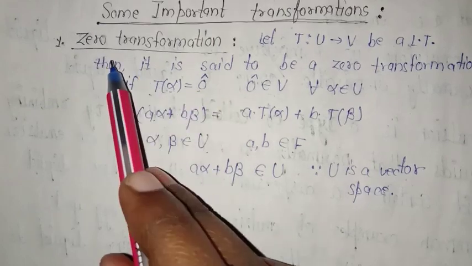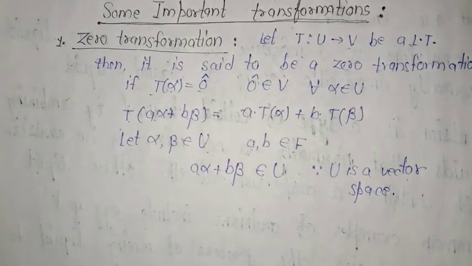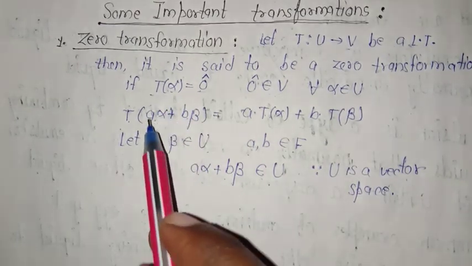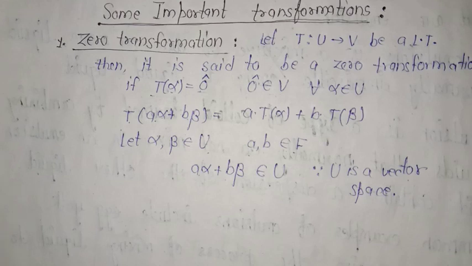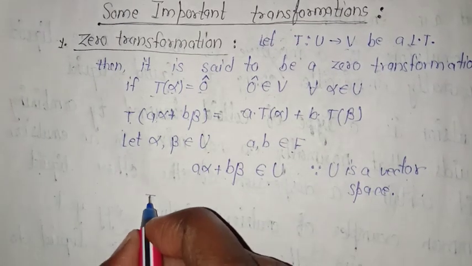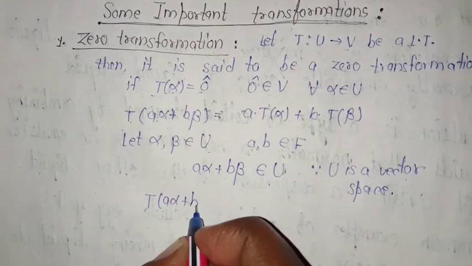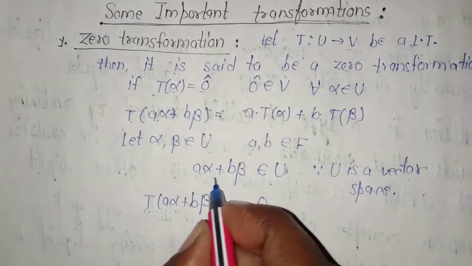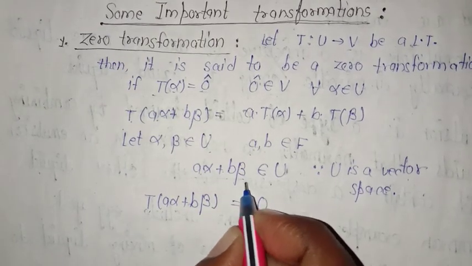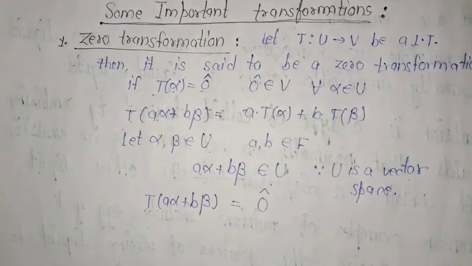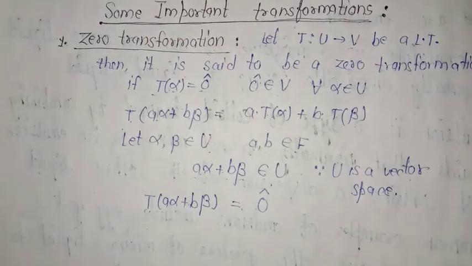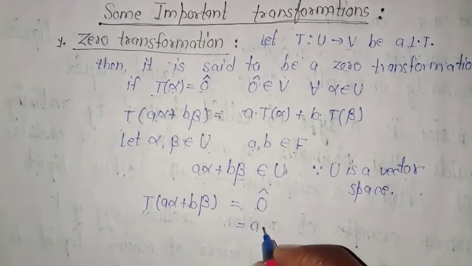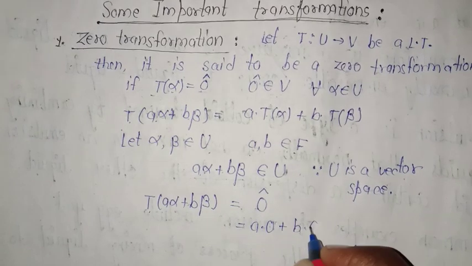Since we know that the elements of the vector space U hold this property, we have to apply the definition of zero transformation to show that it forms a linear transformation. Firstly, we take T of A alpha plus B beta. This must equal 0, because all the elements of the vector space U are mapped onto the zero element of the vector space V according to the definition of zero transformation. So we can write this zero vector as A dot 0 plus B dot 0.